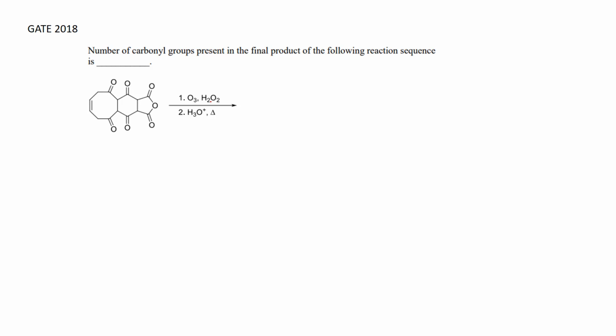After the cleavage of the double bond, the reaction will not stop. Whatever aldehyde is generated will be oxidized to acid. If there is a ketone, there is no such case, but if any aldehyde is generated, it will be automatically oxidized to acid. Only one double bond is there, so we are cleaving that one.